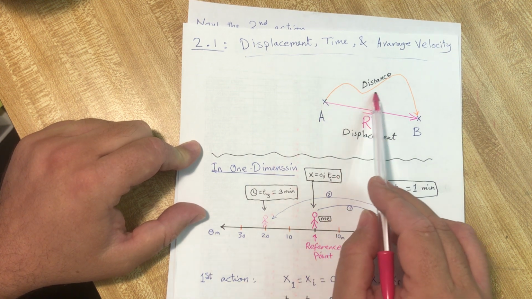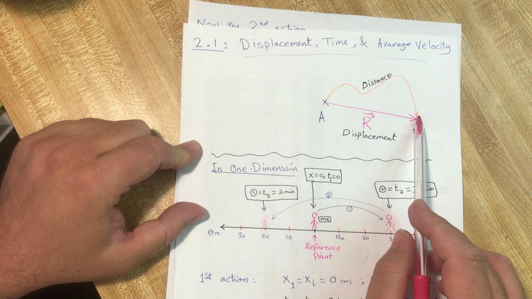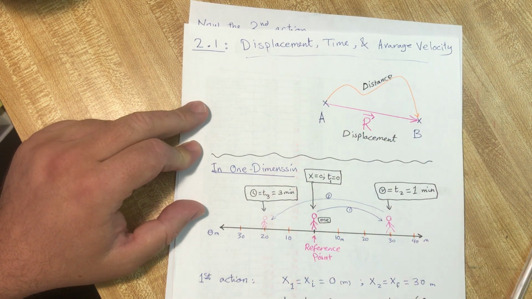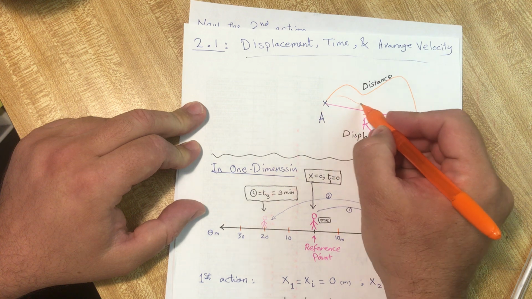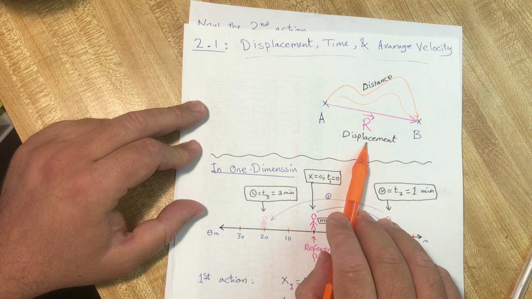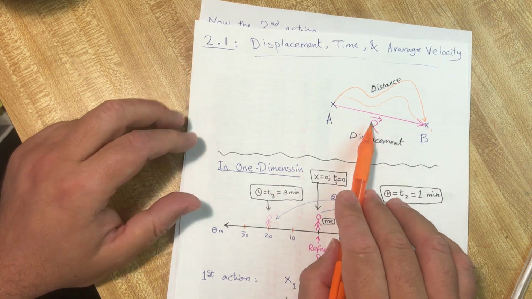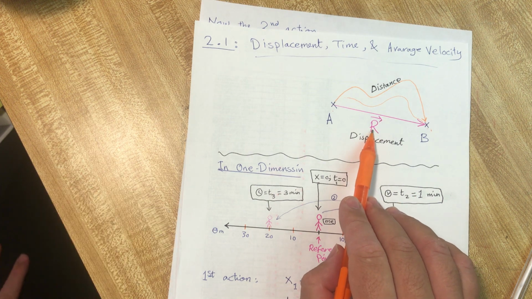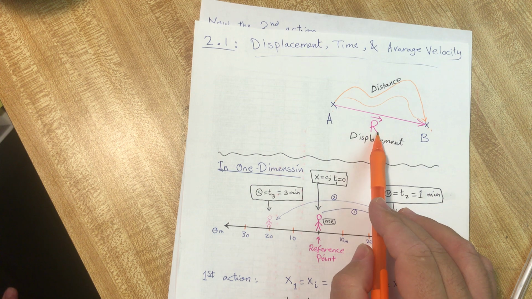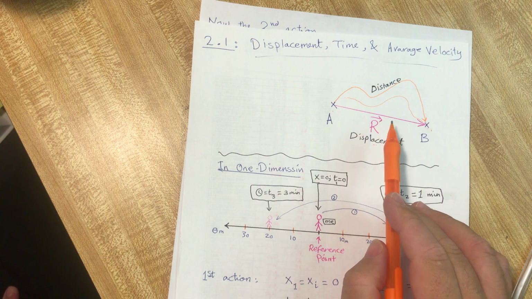But for the distance, there is no direction. It is not a straight line. We can go another way. We have many distances, but we have just one displacement from A to B, which is the straight line. And we denote it by a symbol, for example, r with an arrow over it to say this is a vector.